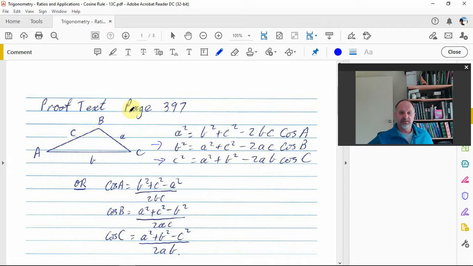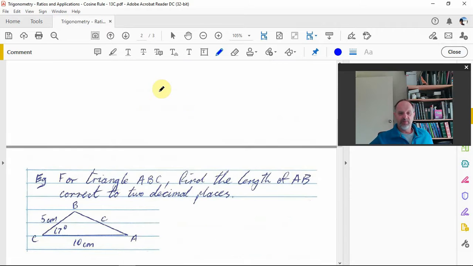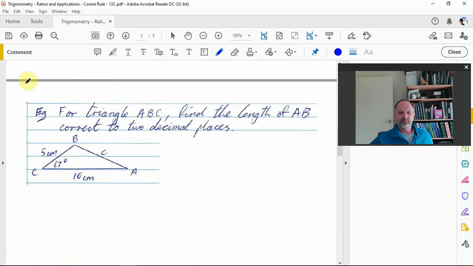All right, so let's have a look and see how we might use it. So here we've got triangle ABC. And here you see you've got two sides and the angle in between.